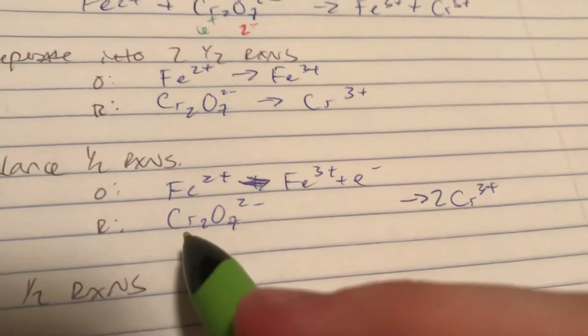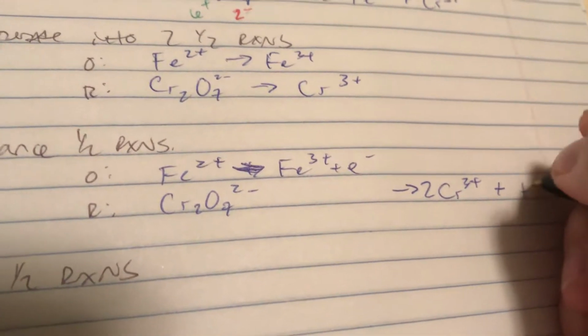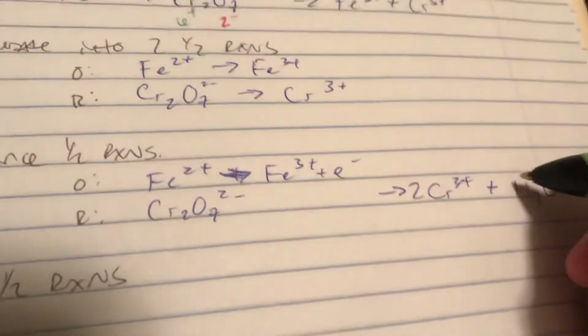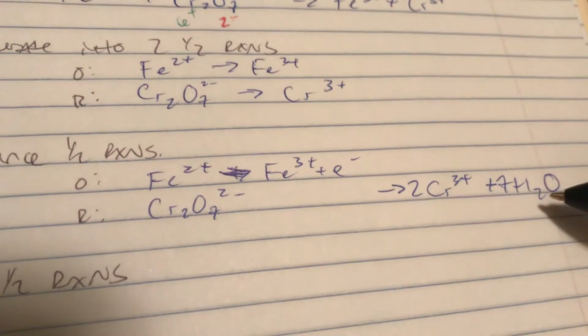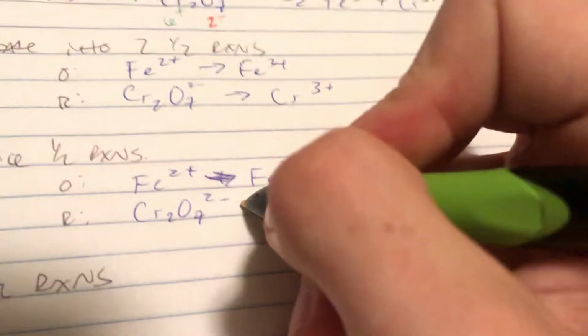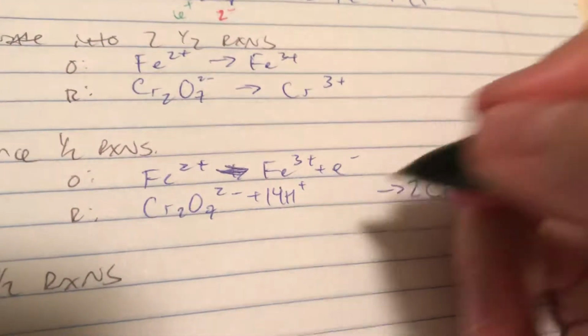Now we have to balance out the amount of oxygens on each side. So we have to add some water here just to account for it. We need 7 moles of water, which gives us 14 hydrogen on the right side of the equation. So we're going to have to add 14 moles of hydrogen.